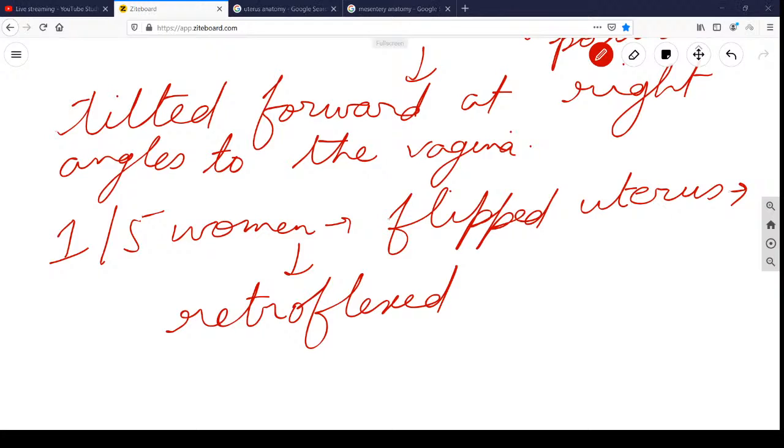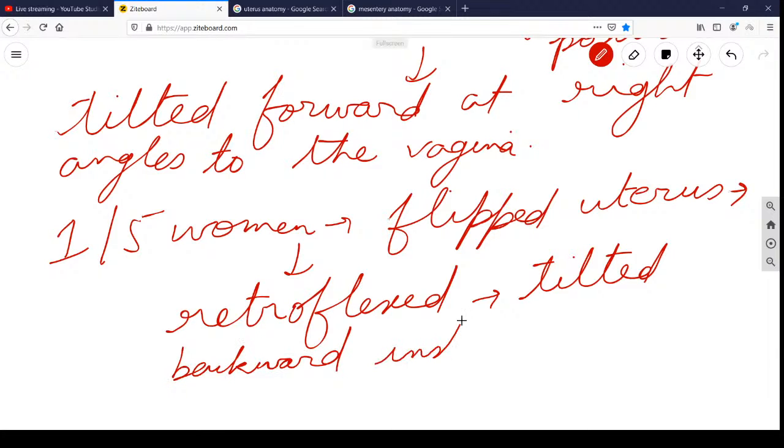It means it is tilted backward instead of forward.